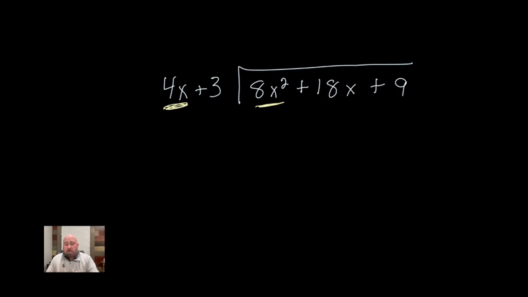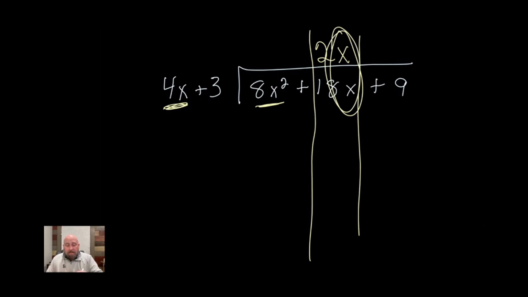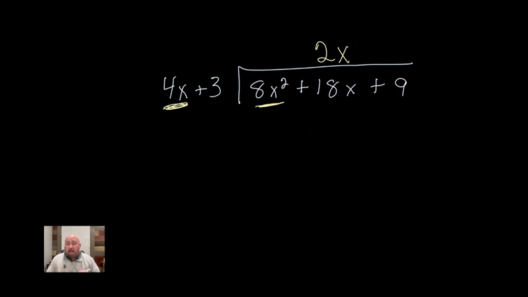So we're going to take our 2x and write it here. That doesn't feel right because we did not divide 4 into 18. We divided 4 into 8, but we wrote it over top of the x column. So get in the habit of writing it over the x column. If you try to write it over the wrong thing, your whole problem is going to go crazy on you and you're going to be trying to figure out what's going on.